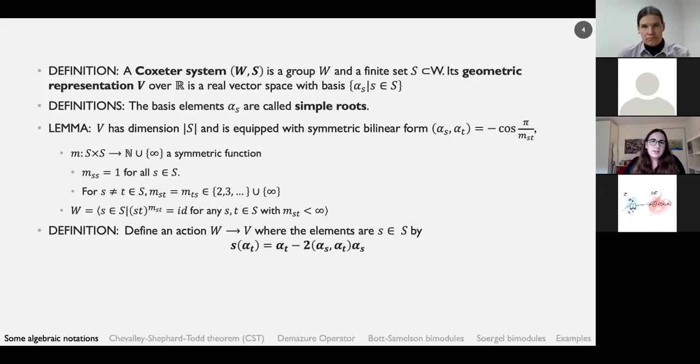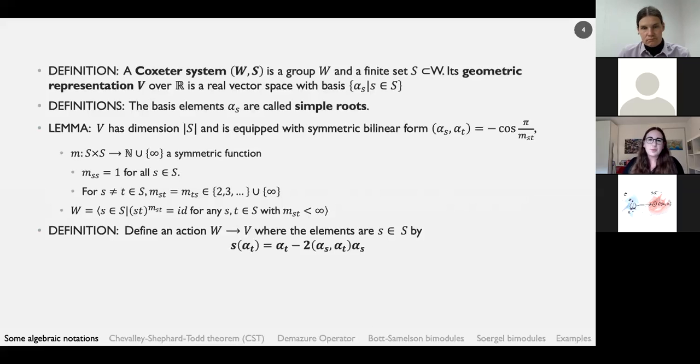We can then say that the group W is generated by all s in S, such that (st)^m_st is equal to the identity for any s and t in S. We have already defined the action of W on V, where the generators s in S are called simple reflections and are of order 2.